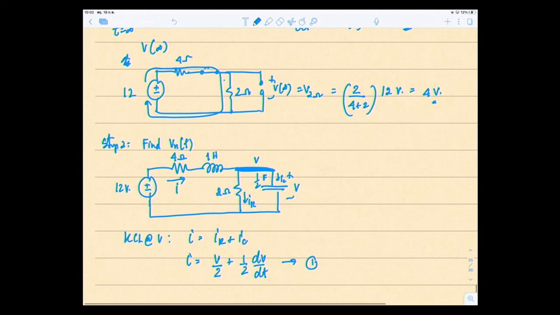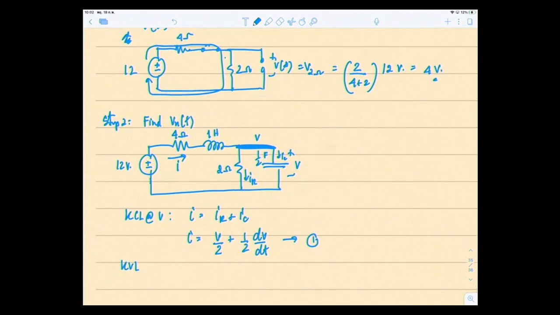Then I'm going to write KVL for this mesh right here. The current goes in the clockwise direction, so plus minus voltage drops.